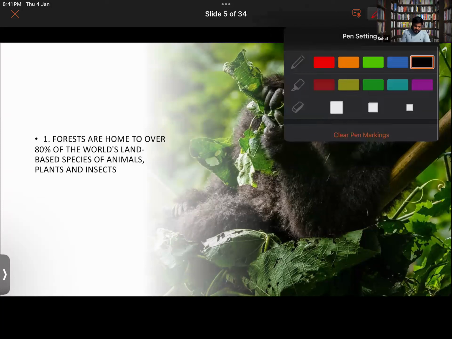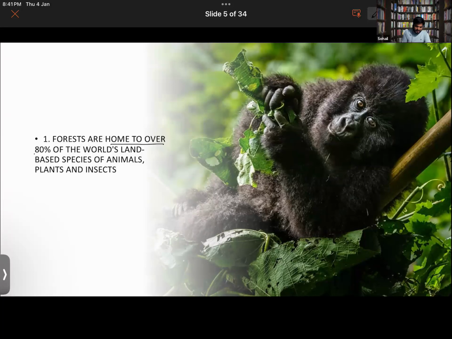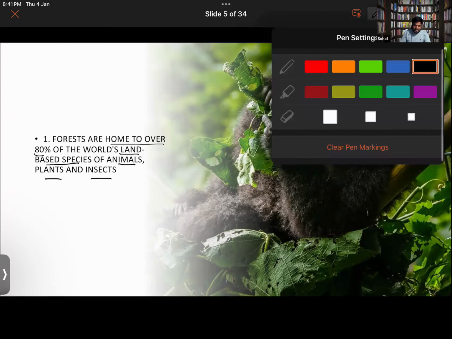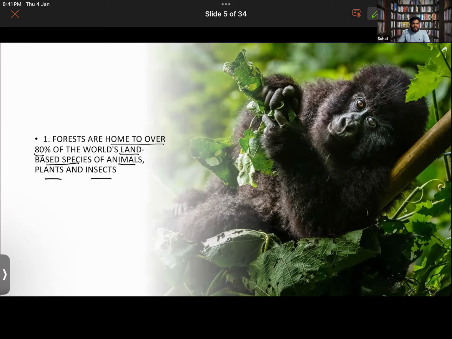Now we know that forests are home to over 80% of the world's land-based species of animals, plants, and insects. So where do the other 20 percent of terrestrial animals live? They will be living in plains.